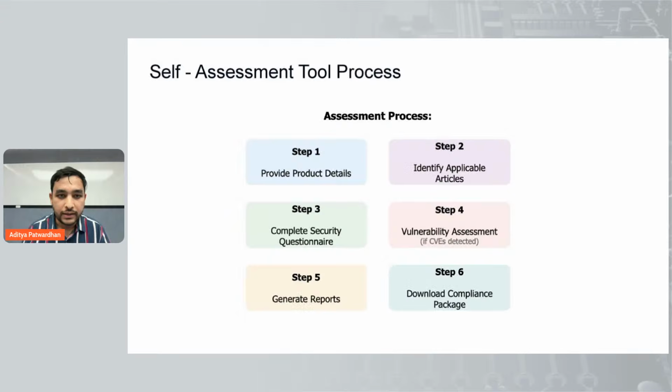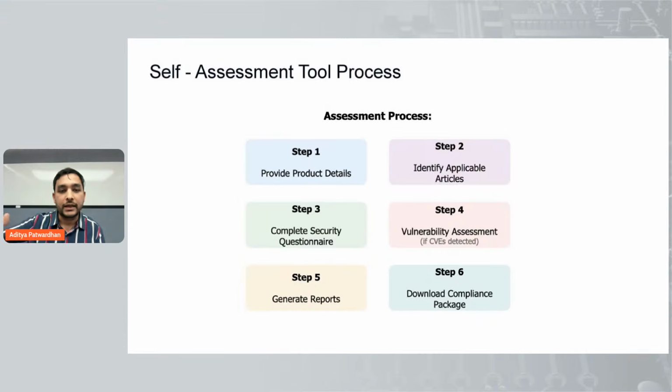So, to look at the steps in the self-assessment tool process. The first step is product details, in which the tool asks you to provide details such as company name, other product information, its working temperature, and other things required for the conformance. It also asks you to provide some Espressif-specific details such as the SDK config of your product and the project SBOM report.